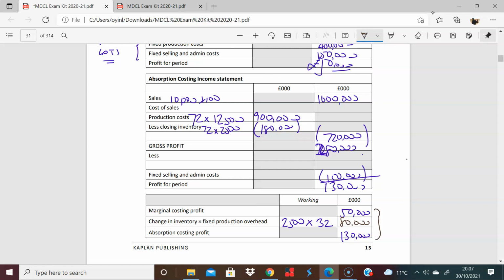I've illustrated several times that the reason you have a difference between marginal and absorption is because you have fixed overhead costs that do not go through, especially when production is greater than sales. You have closing inventory where period costs are living.